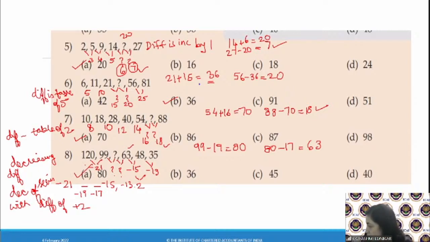Okay. I hope you've understood till here. Just put it in the chat box whether or not you've understood. Just let me know whether or not you've understood.